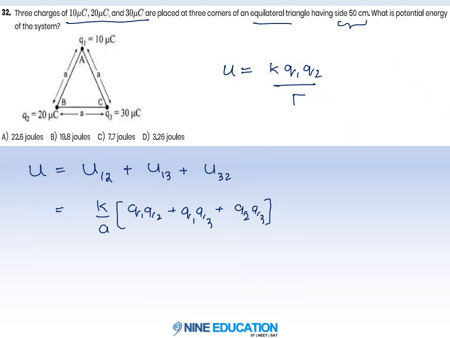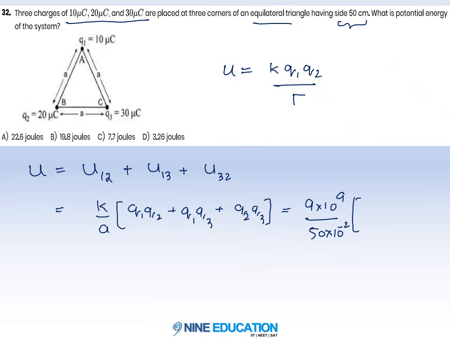Okay, let's put in the values. The value of k is 9 into 10 power 9, upon a, which is given as 50 centimeters, so 50 into 10 power minus 2.